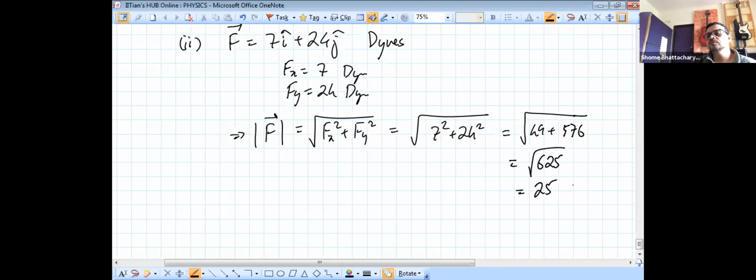So that is 25. So the magnitude of force is 25 dyne.